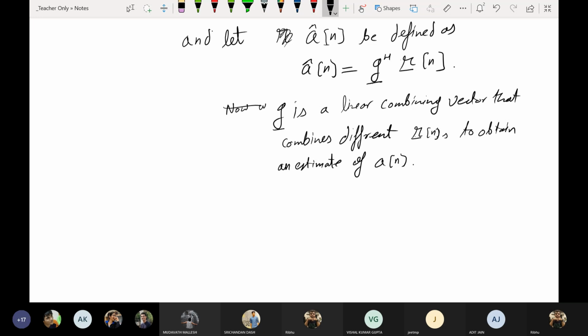So we have to estimate G Hermitian. We'll come to that. That's what we are solving for.